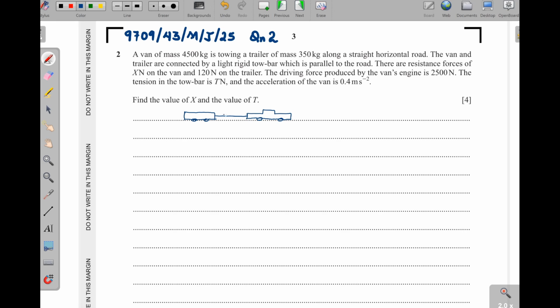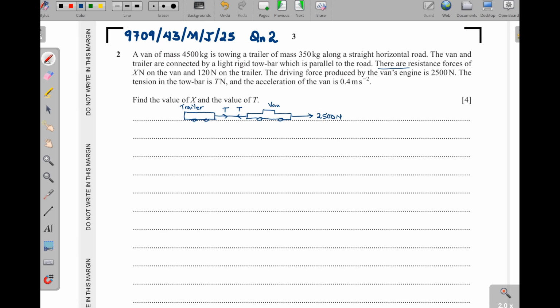So as it is towing it, remember, this is my van and this is my trailer. Then there's a driving force, 2,500 newtons. Then there is tension in this tow bar. This tension will be pulling the van backward, and it is that same tension that will take the trailer forward.